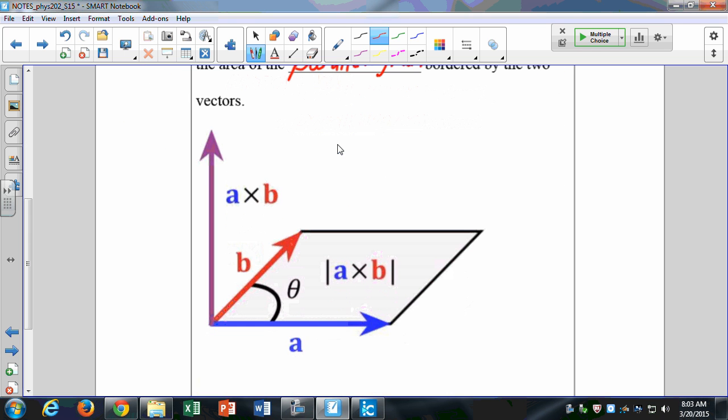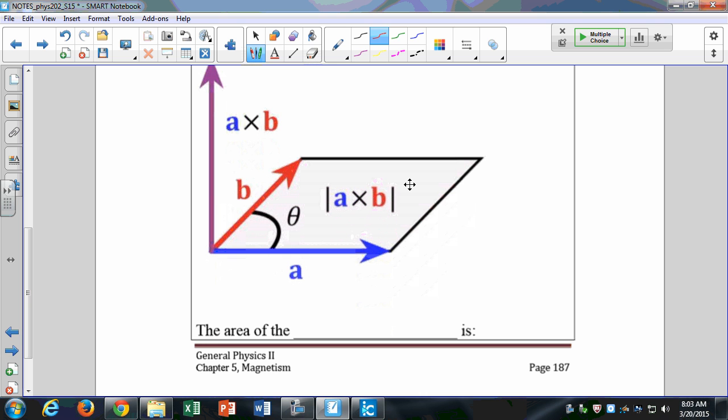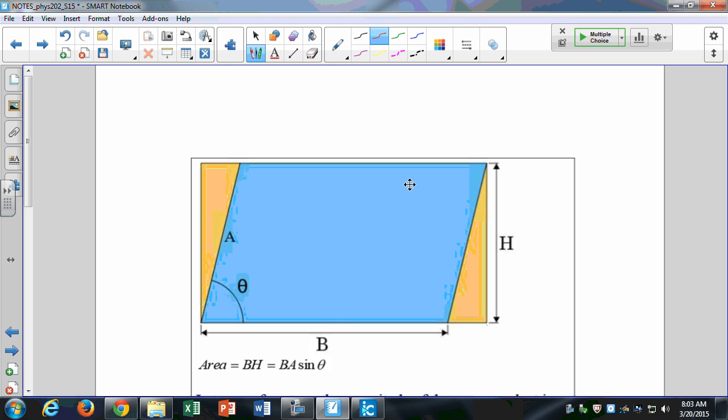So if I had two vectors A and B, A is the blue, B is the red. If I take the cross product, A cross B, the magnitude is going to be equal to the area of this parallelogram. I have a picture on the next page.